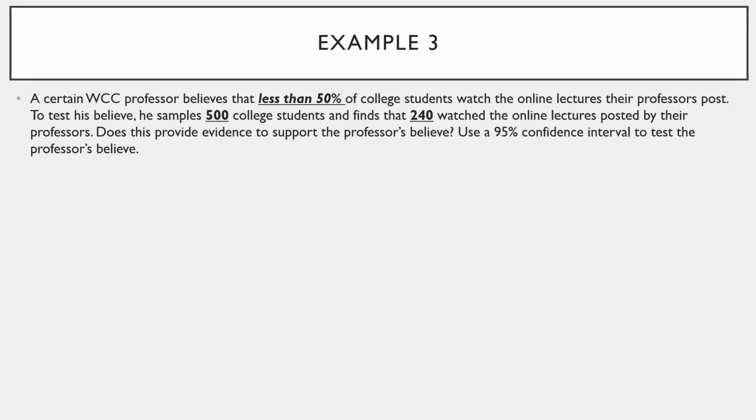So what he does is he samples 500 college students, right? And the sample proportion the professor comes back with is 240 out of the 500, which ends up being 0.48. Okay. So that's less than 50%, right?